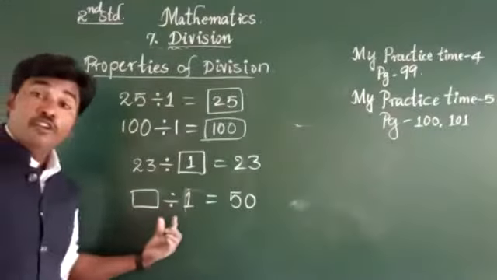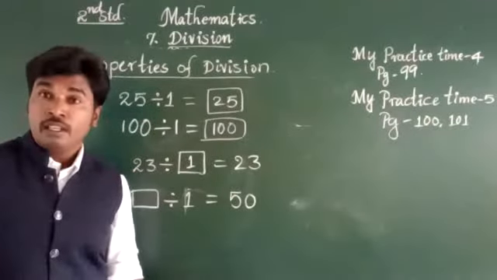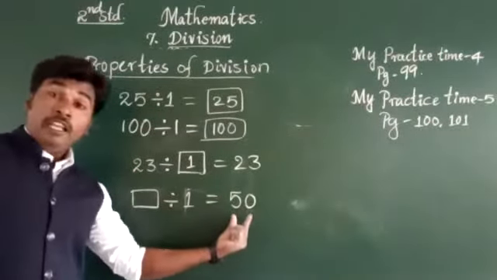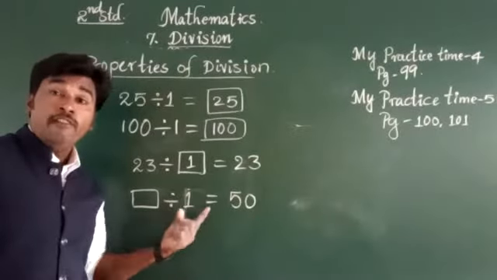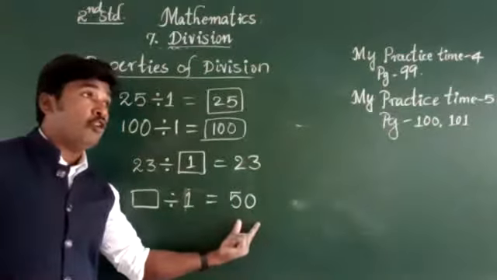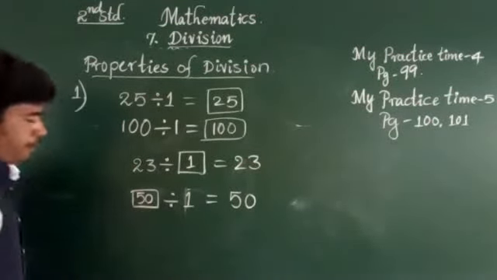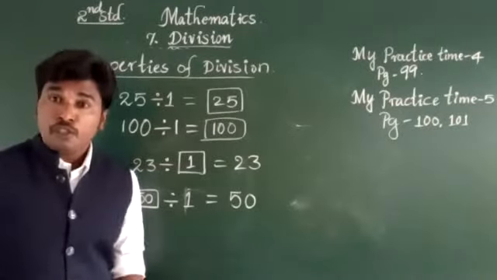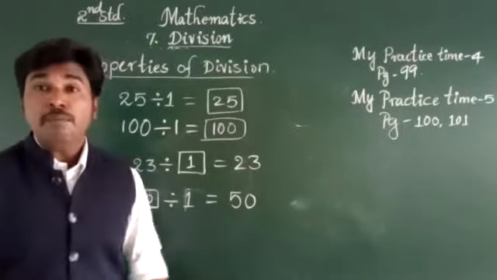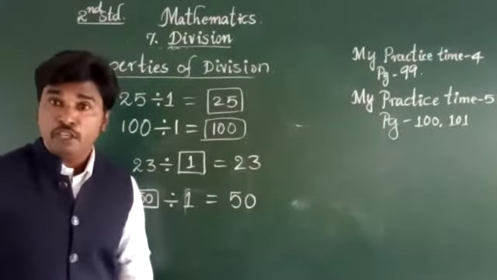Which number, if you divide by 1, gives 50? That means any number divided by 1 gives the same number. The same number is 50 here. So dear children, by using your simple sense, you can write the answer by using the properties of division.